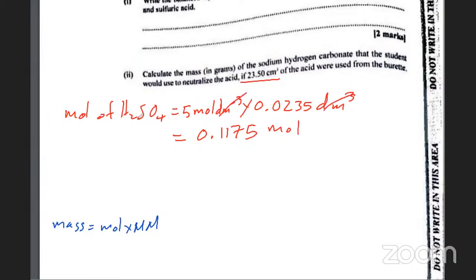All right, so once you have concentration and volume, you multiply the two of them, you will get the mole. Now, what you really want is the mole of sodium hydrogen carbonate. You have to use the mole ratio. So it's 2 moles of sodium hydrogen carbonate to 1 mole of sulfuric acid.